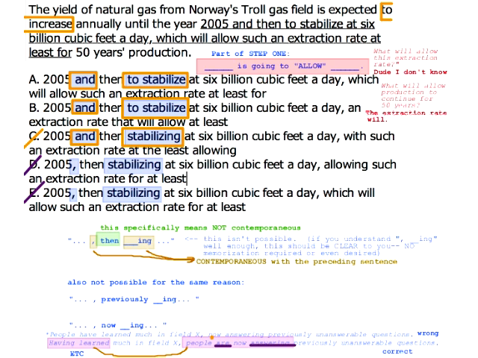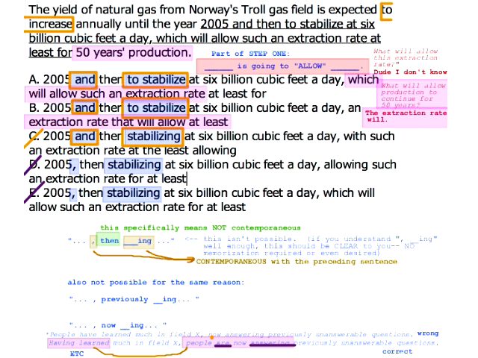And remember, this needs to be figured out before, not during, before the answer choices. Before you get to them, you need to figure this out. So, this is the answer to our question. We need to say that the extraction rate will allow. This is exactly what choice B says. It is not what choice A says.